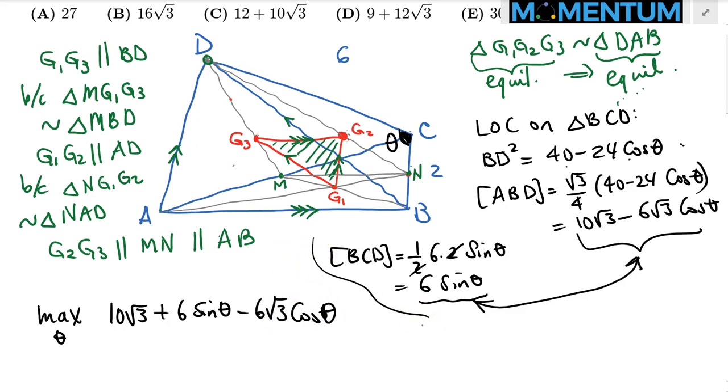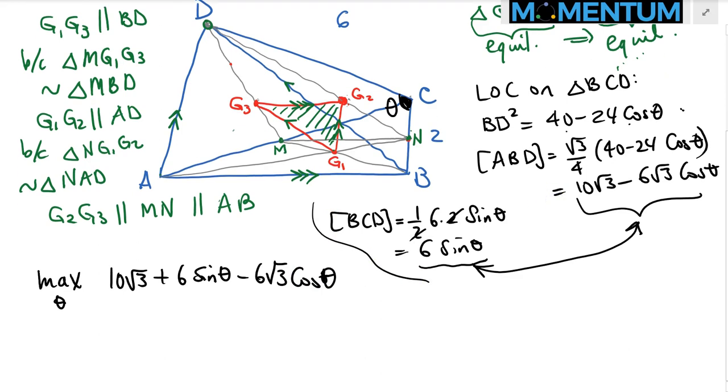And now to optimize it, well, obviously this 10 root 3 is fixed, so it doesn't really matter. So all we should do is focus on the second part, and I think it's clear that we can manipulate this expression so that we can get a summation of the sine formula.